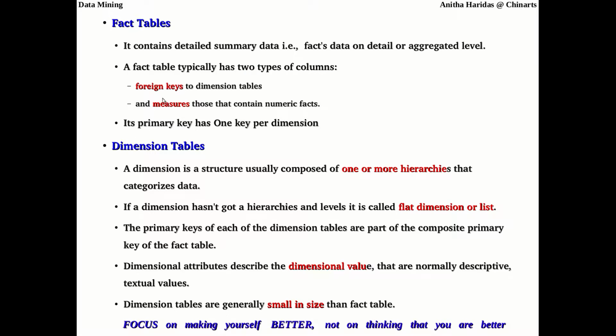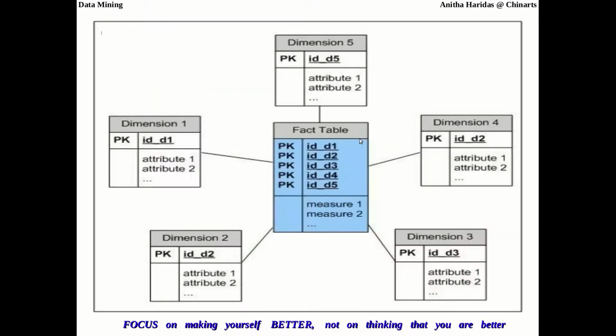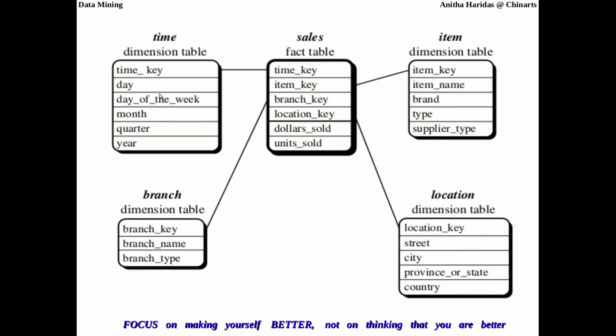One will be the foreign key, the other one will be the measures, which will be the summary or aggregated value. And its primary key has one key per dimension. So here 4 dimension tables are there connected to the fact table. So 4 foreign keys will be available here.